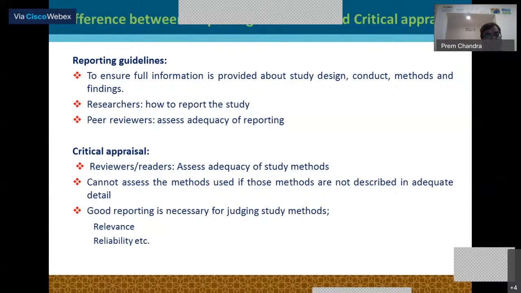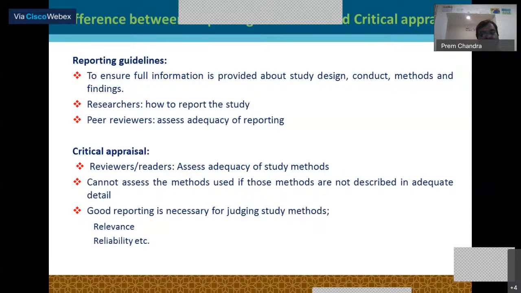So we cannot assess the method used if those methods are not described in adequate detail. This is the significance of following the guideline. If the author failed to mention the details about the methods, it would be practically impossible for any reviewers or readers to judge or assess the adequacy of the method.